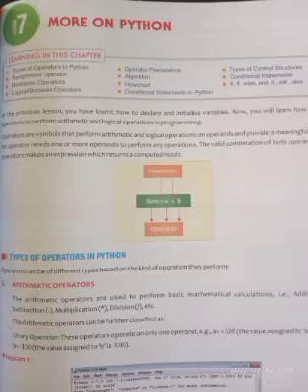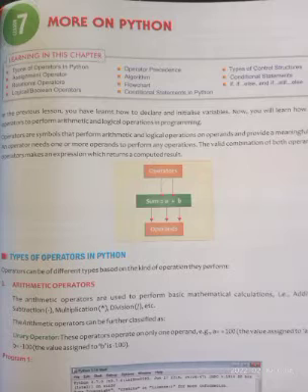The first one, types of operators in Python, page number 91. The first one is arithmetic operators. I think all of you know: plus, minus, divide, multiplication. All these are arithmetic operators.